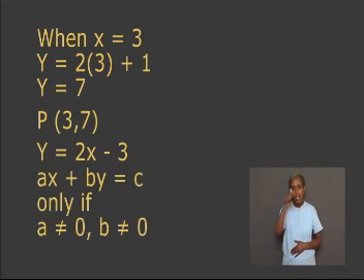Any equation of the line can be expressed as ax plus by equals c, where a, b, and c are real numbers. Variables a and b cannot equal 0 in this instance.